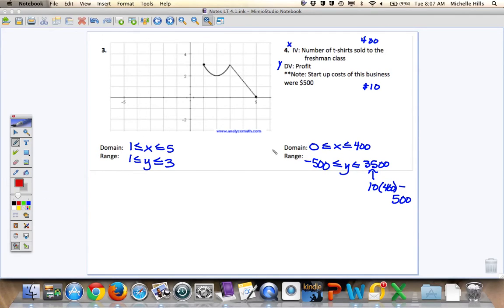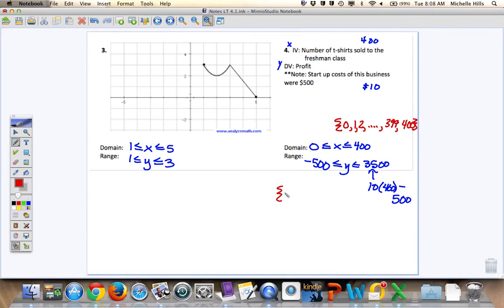These are actually not correct. I'll accept them in this case, but just so you know what this really should be, this is like the continuous thing where everything between those two is included. I can't sell half of a shirt or 2/3 of a shirt. I could only sell 0 shirts, 1 shirt, 2 shirts, 3, etc., etc., etc., all the way up to 399 shirts, or at the very top, 400 shirts. So this is actually more accurate.